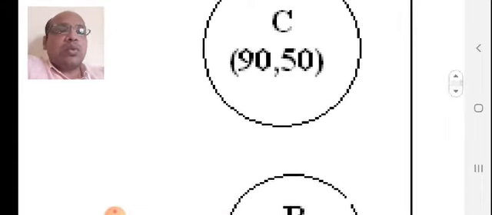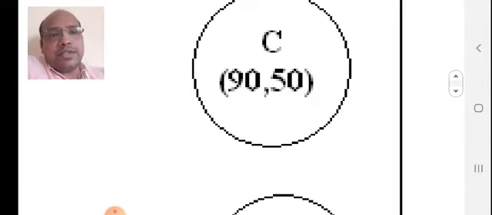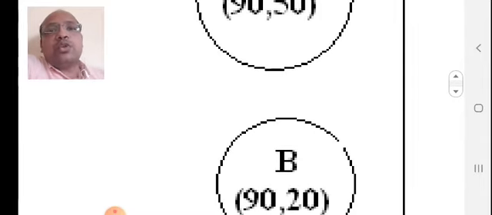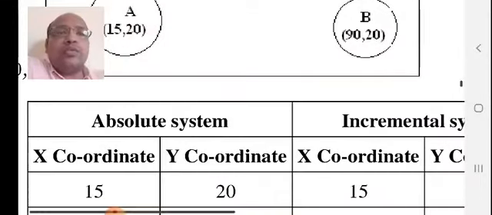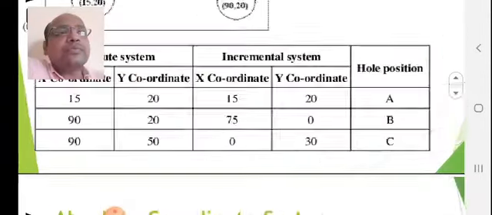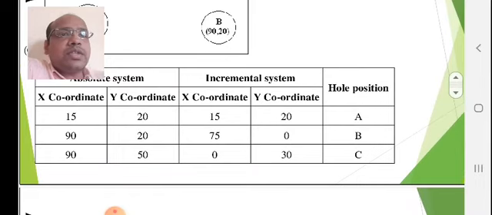Suppose in this diagram you want to write coordinates of point C, point B should be the origin. So the previous point becomes the origin, and you can write the coordinates of the next point. This is called an incremental coordinate system. Both coordinate systems are mostly used for drilling operations only. You can see the difference exactly. In incremental coordinate system, x coordinates and y coordinates are written by assuming the previous point as the origin.